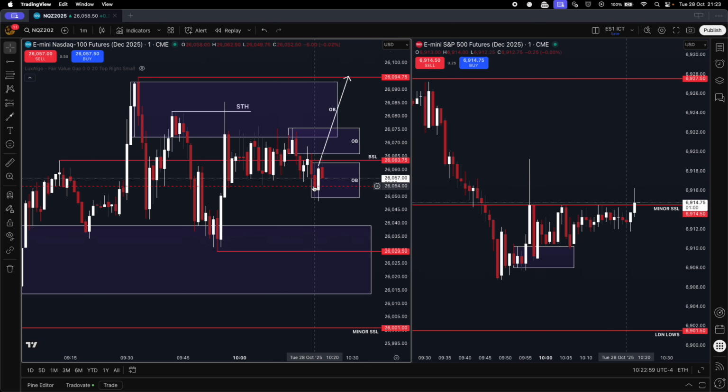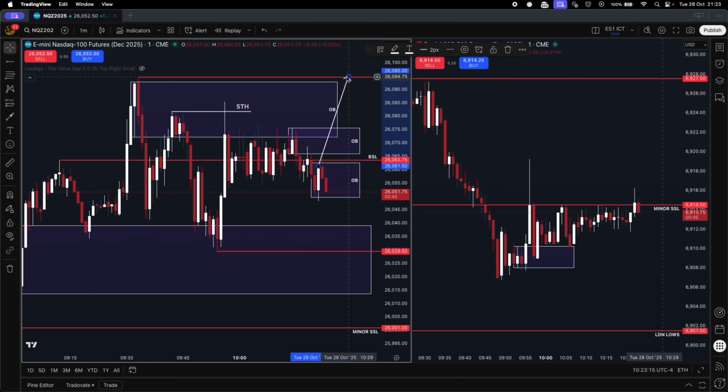I wanted to see more manipulation, to be honest, of minor sell side, but it appears that we've put in a bullish order block and we accumulated. We only slightly manipulated below this low, taking out potentially stops here, and then it's likely going to head towards that point of minor buy side.